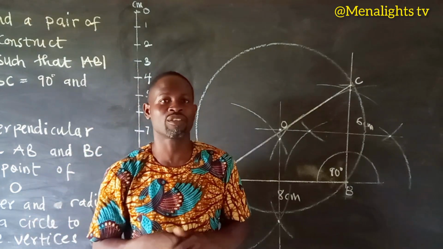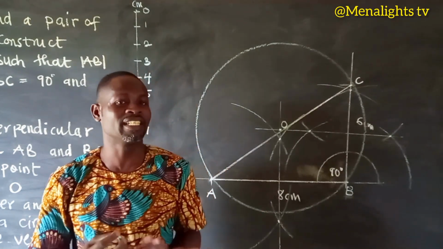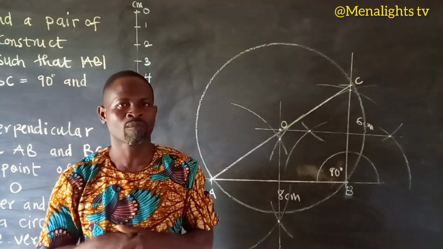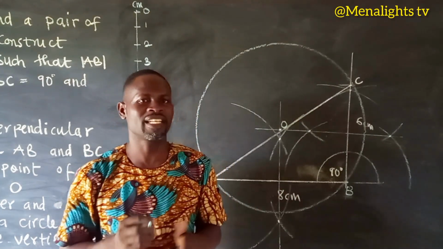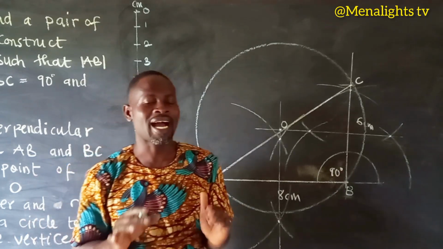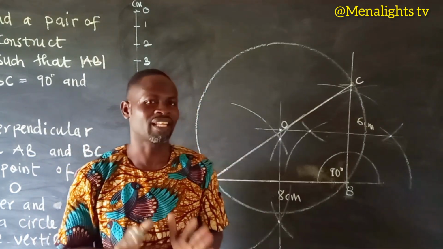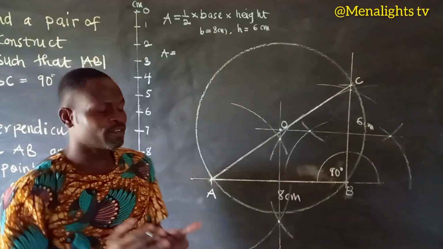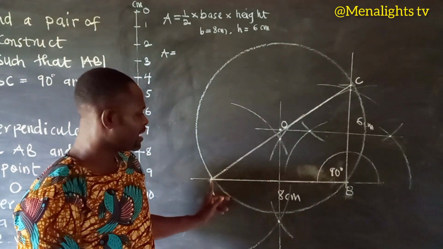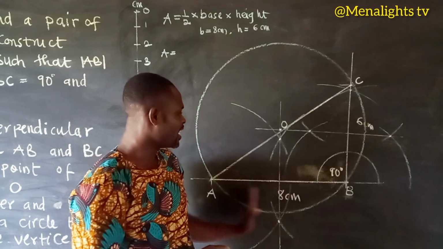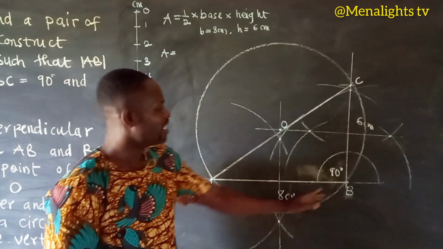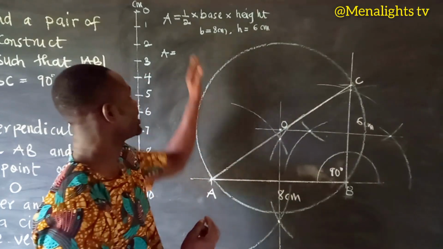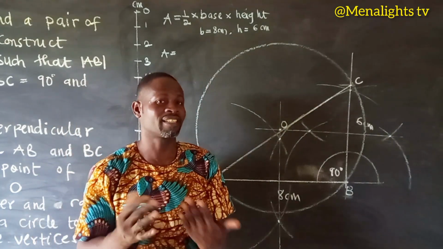One thing I also want us to look at is how to find the area of a triangle. Once we are done with this, they can ask you to find the area of the triangle. In finding the area of the triangle, you use the formula half of the base times the height. For us to find the area of the triangle, this is our base. The base of the triangle here is AB, which is 8 centimeters. And then the height here is 6 centimeters. So the area is half times the base times the height.